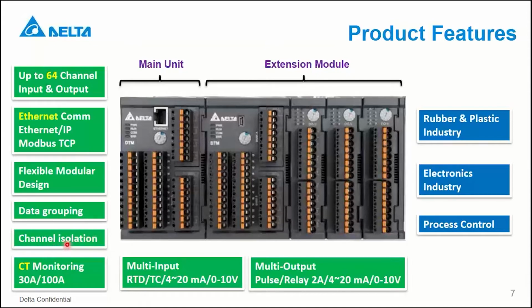And for channel isolation, for this DTM, each of the channels is totally isolated from the others. And we also have the CT monitoring function. For the input, we support RTD, TC, and analog input. And for the output, it's pulse, relay, current, and voltage.